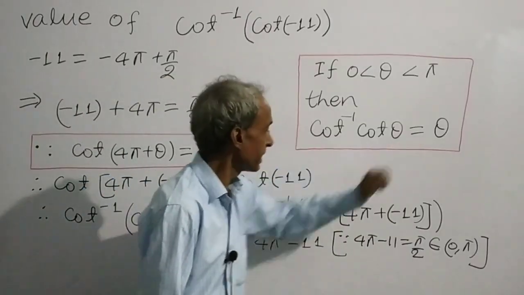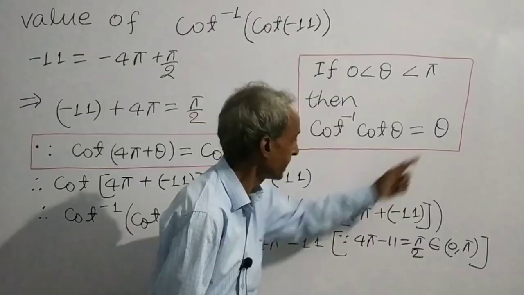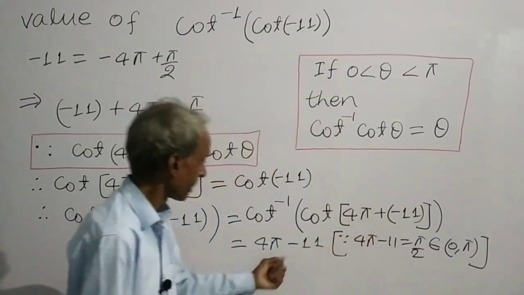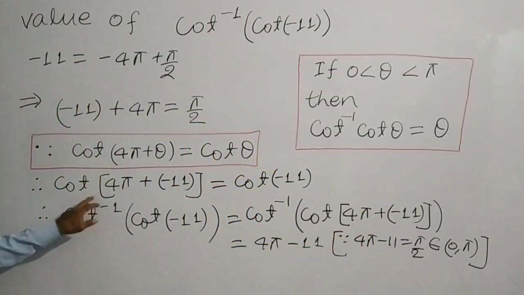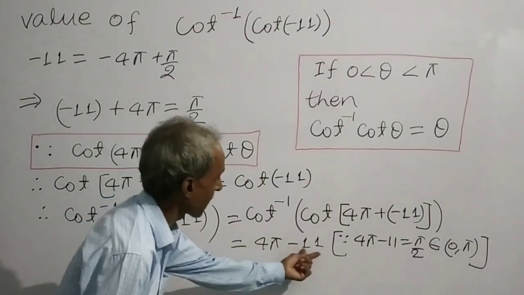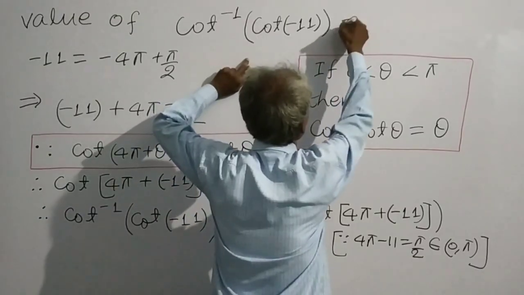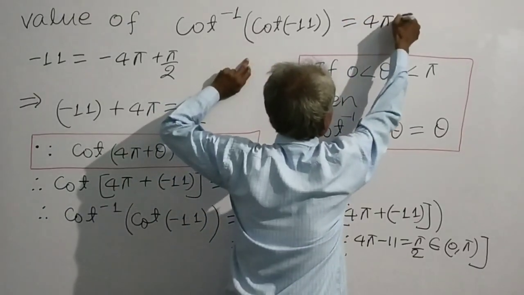Therefore, by using this formula, this will be equal to theta, meaning this angle. Therefore, the value of cot inverse cot minus 11 will be 4 pi minus 11.